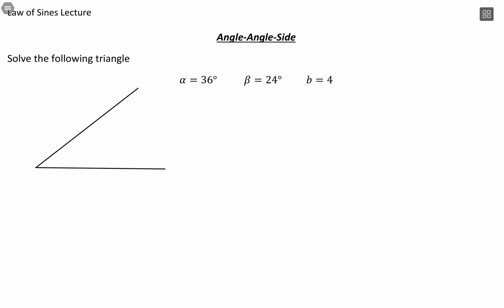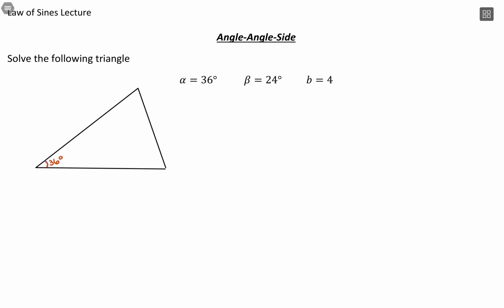And then beta is 24 degrees, so that would be this one here. Maybe that works. It could even be a bit less, but close enough. We have an acute angle and an acute angle. I'm happy with that.